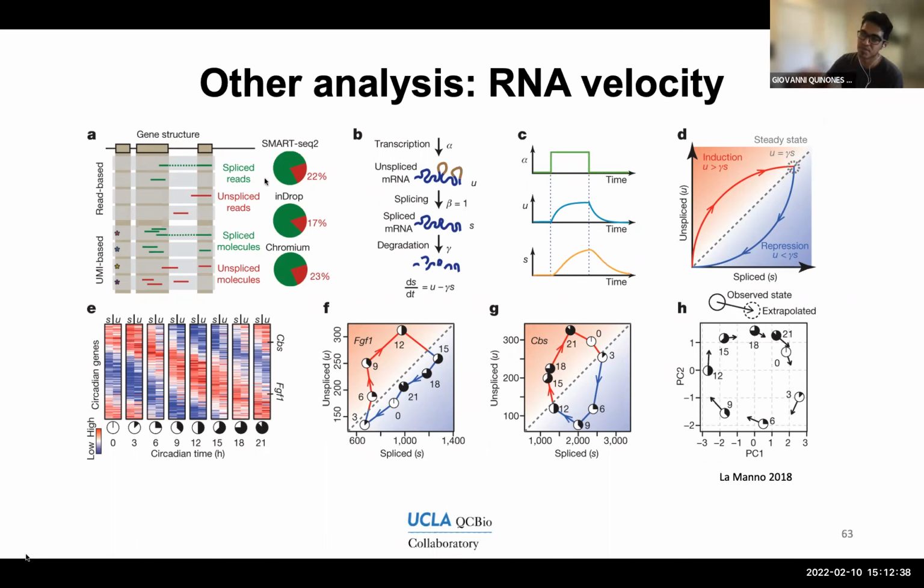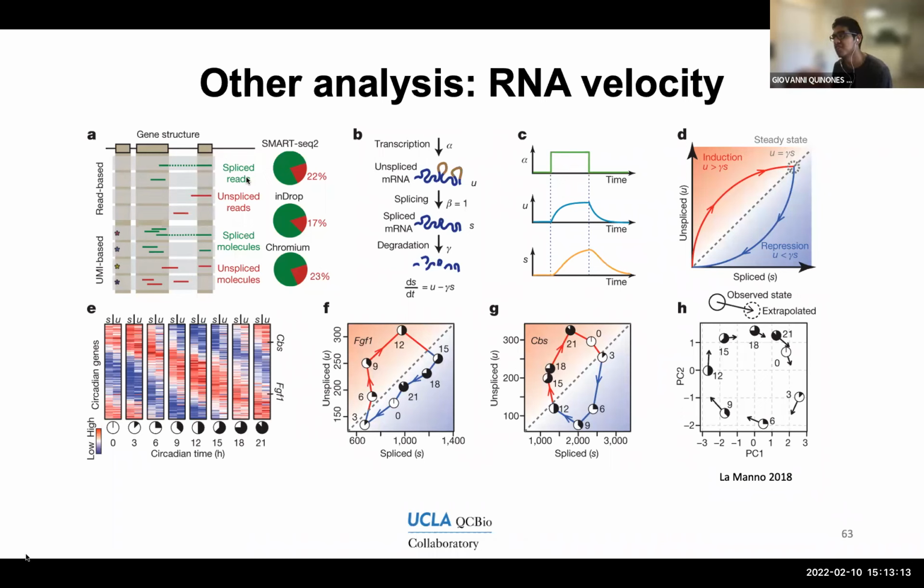The way this appears in our sequencing data is that some reads are labeled as spliced and some reads are labeled as unspliced. The unspliced reads contain information about the original RNA molecule, and the spliced reads contain information about the modified RNA molecule.